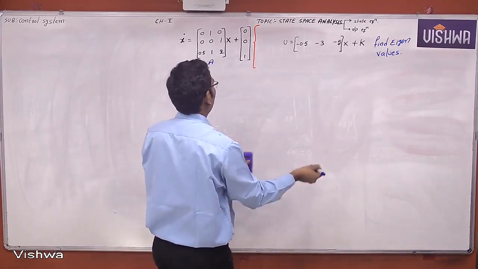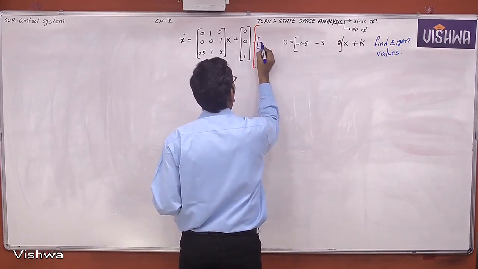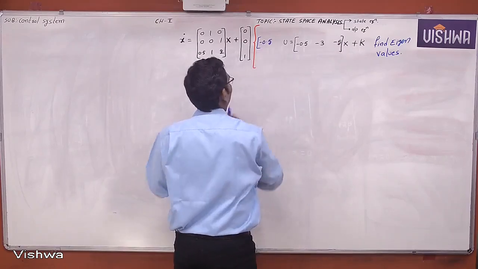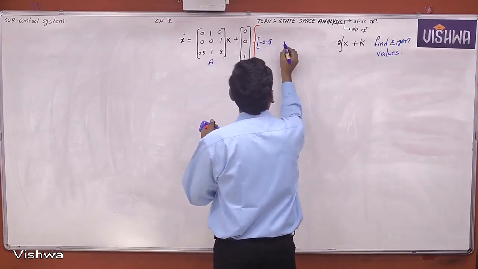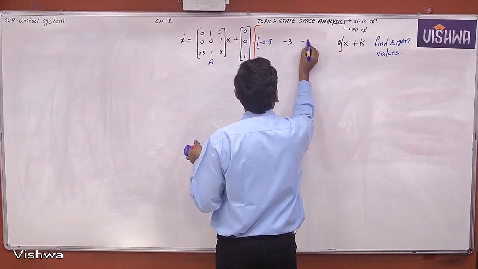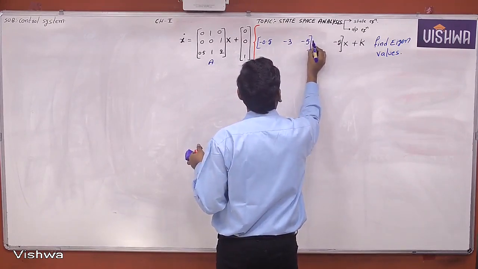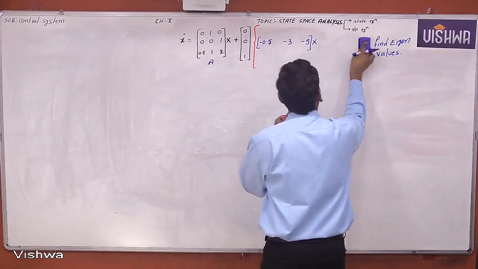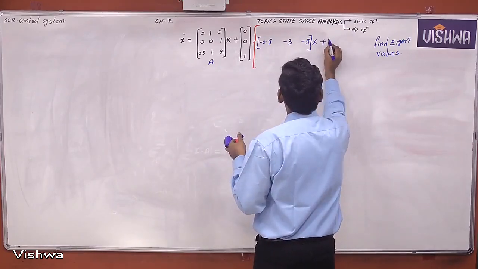Now u is equal to minus 0.5 minus 3 minus 5 into x plus k.